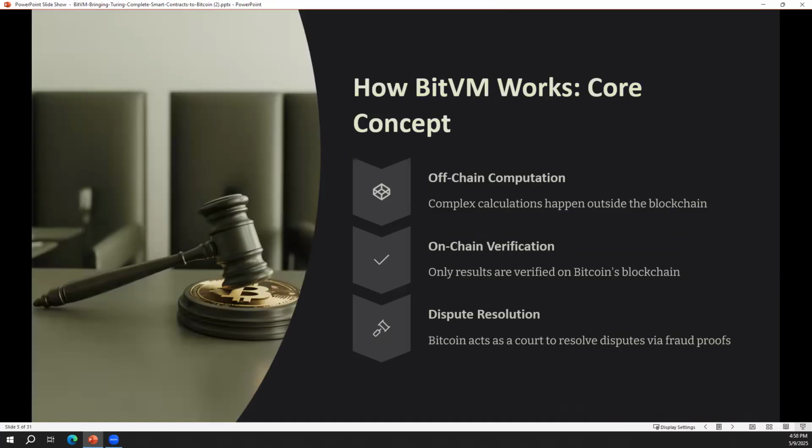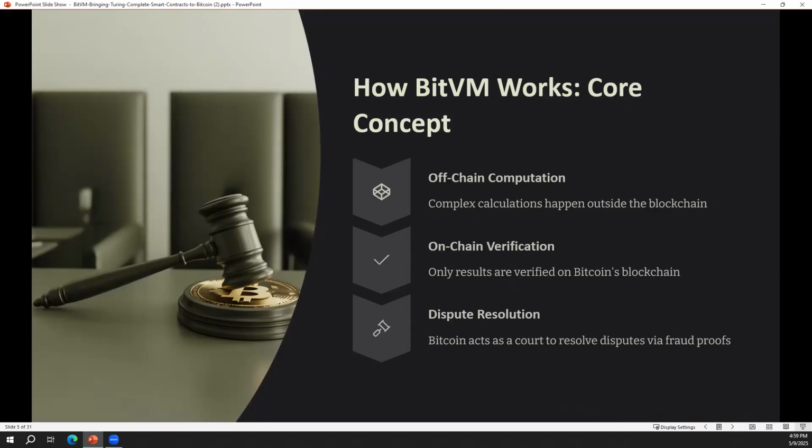So we're going to talk about how BitVM works, the core concept. BitVM is a computing paradigm that uses Bitcoin's existing script and Taproot features to create complex contracts. Rather than running contract code on-chain, BitVM runs computation off-chain and uses Bitcoin as a court to verify outcomes.